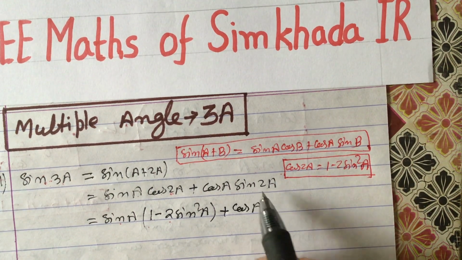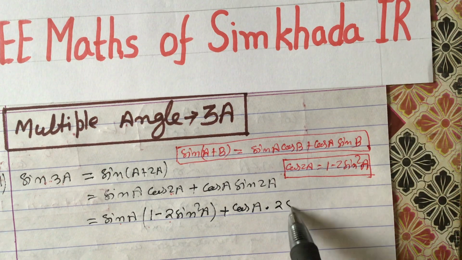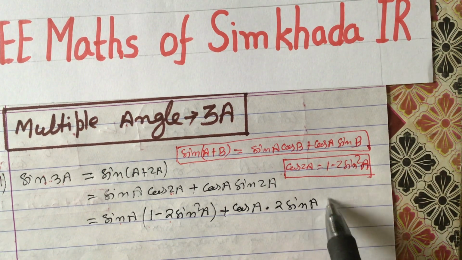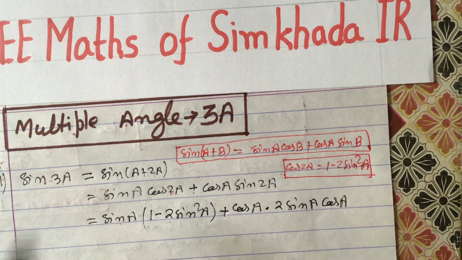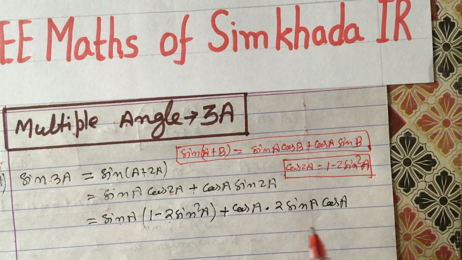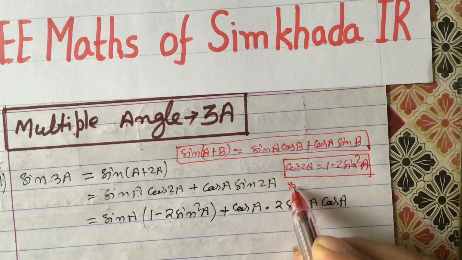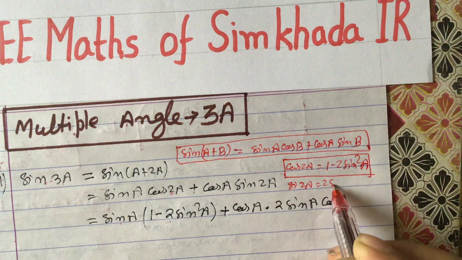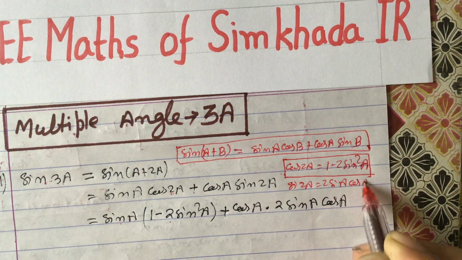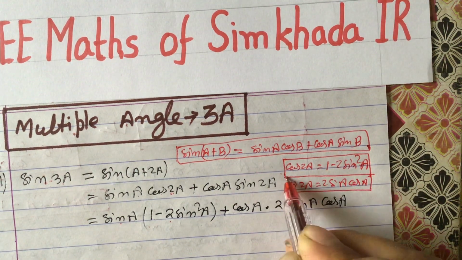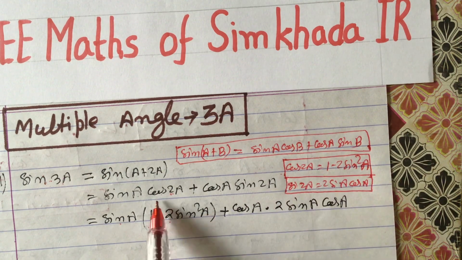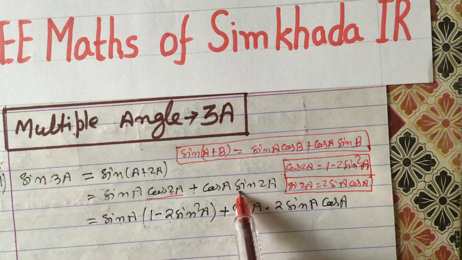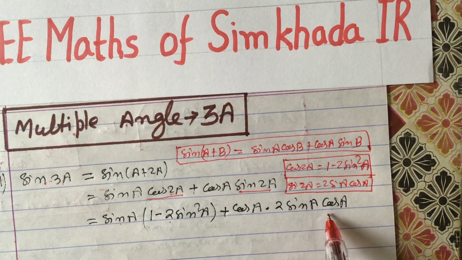Now the sin 2A formula: sin 2A is 2 sin A cos A. This also you have already learned in multiple angle of 2A, and we have already derived it. So these two formulas we are applying here: cos 2A in terms of sine, and the sin 2A formula.